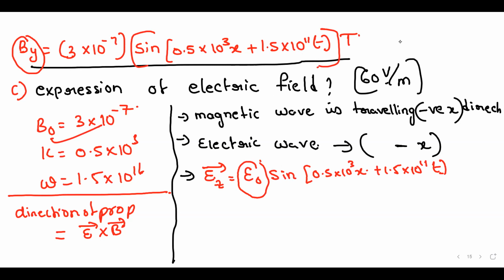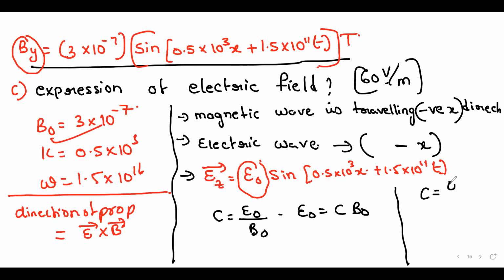So what is the relationship between B naught and E naught? C is equal to E naught by B naught. So E naught is equal to C into B naught. We have one more relation, that is C is equal to omega by k. So E naught is equal to omega B naught by k.